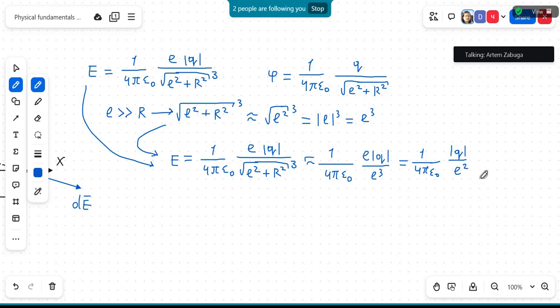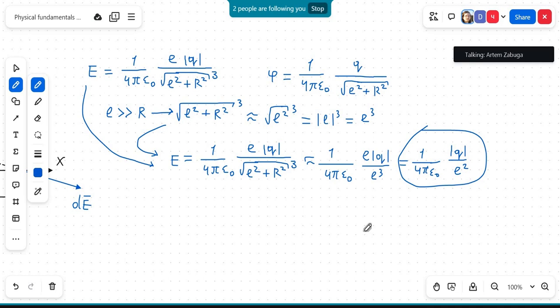And as you can see, we have obtained the same formula as the formula for electrostatic field intensity of a point charge.